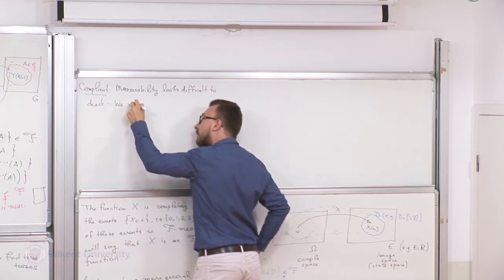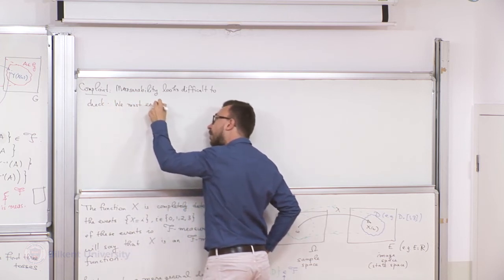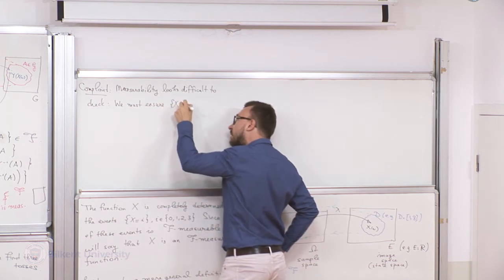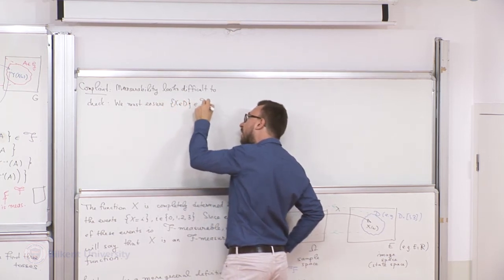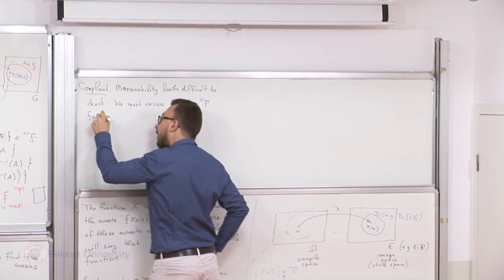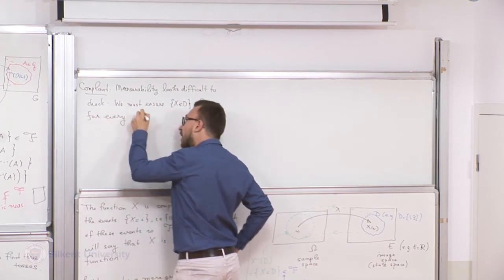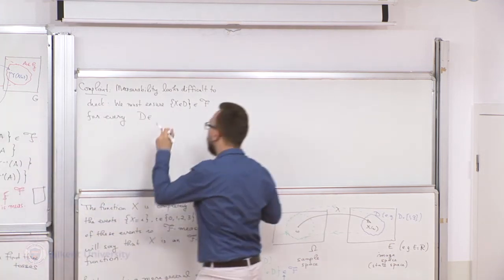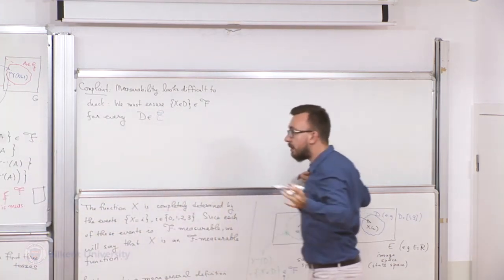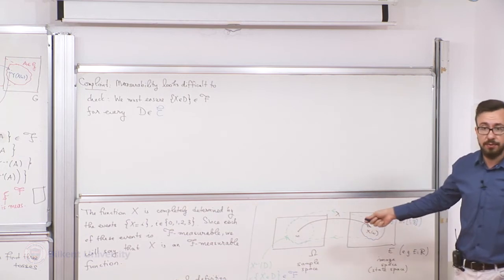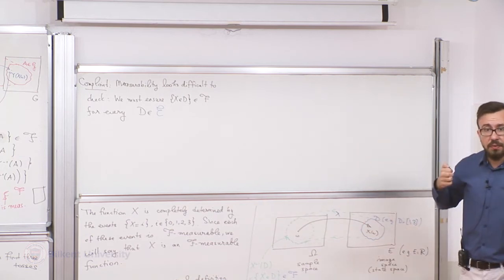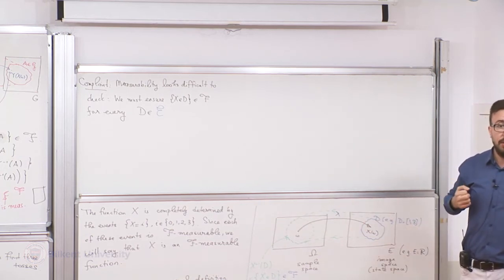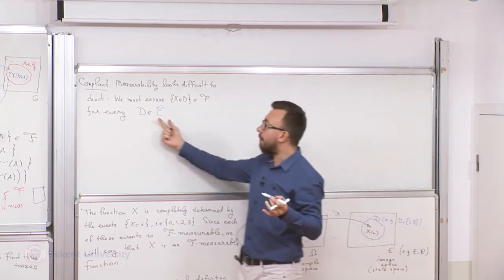We must ensure {X is in D} is in F for every D in script E, which is a huge sigma algebra, for instance, the Borel sigma algebra. Can we reduce it down to a smaller collection of sets in script E?